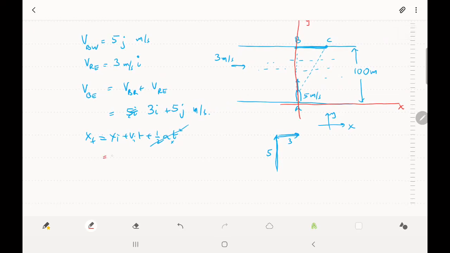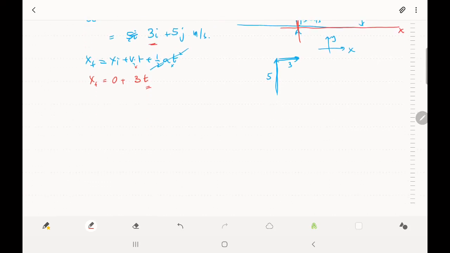So x initial can be taken as 0. This would be x final, and v in the i direction, so the speed in the x direction is 3t. So that is going to be xf, but we don't know t. The t is the time it takes for the boat to go from A to B.